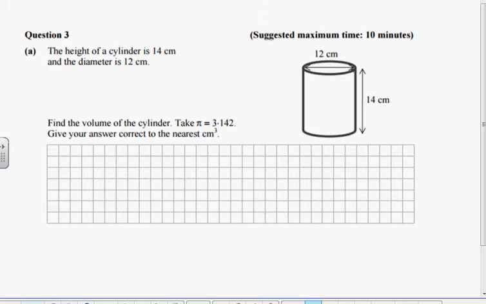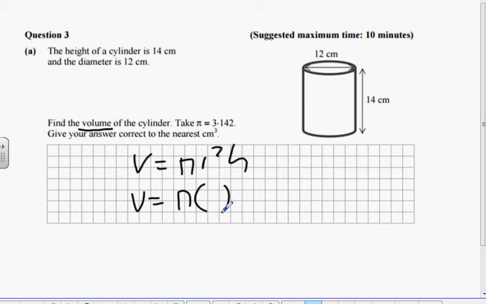Question 3. Using your tables, what page are you going to find this on? Tables. Not page 8. The cylinder. Page 10. Which formula are you going to use for the cylinder? V equals pi r squared h. What's the radius?